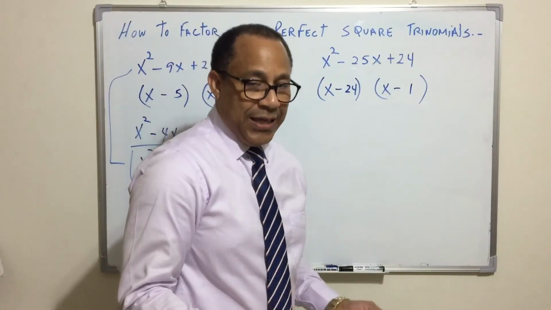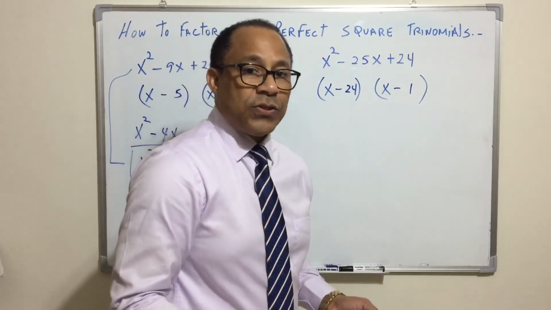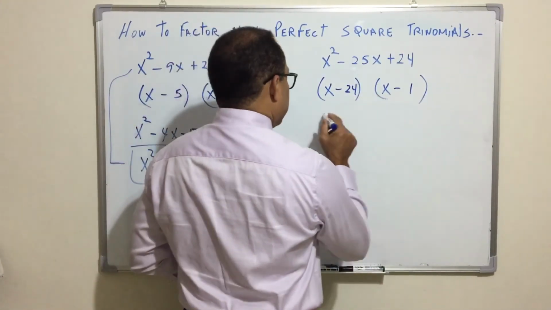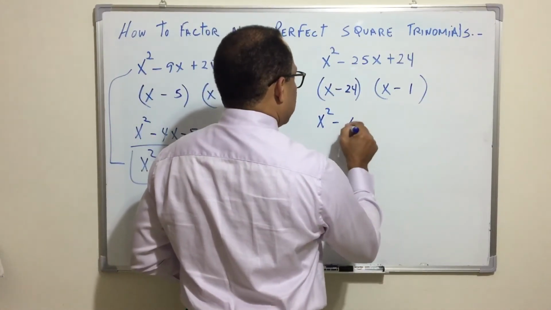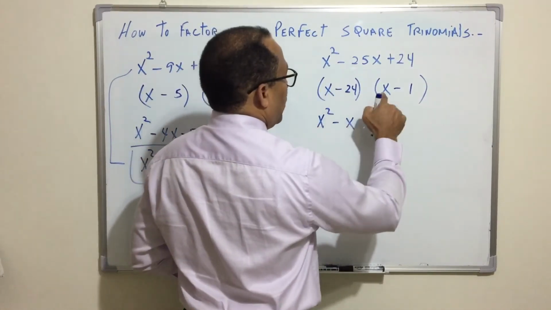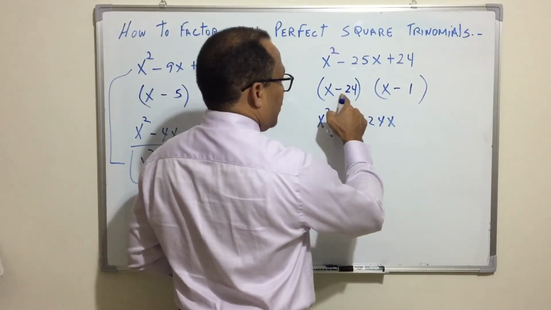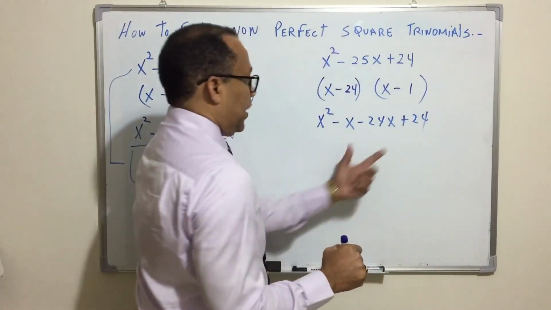Let's prove again that this factoring is correct by using, yes, the FOIL method. X times x, x to the second power. X times negative 1 is negative x. Negative 24 times x is negative 24x. And negative 24 times negative 1 is positive 24. Any like terms?